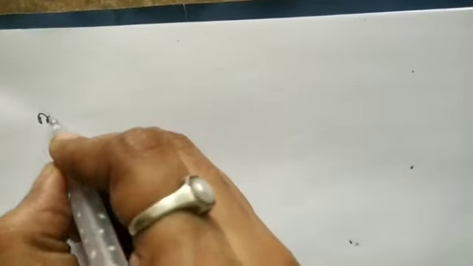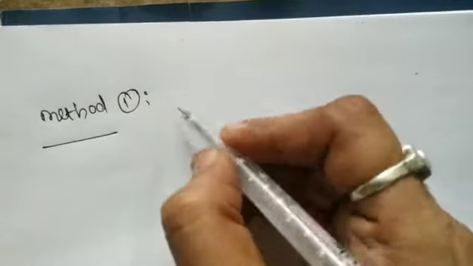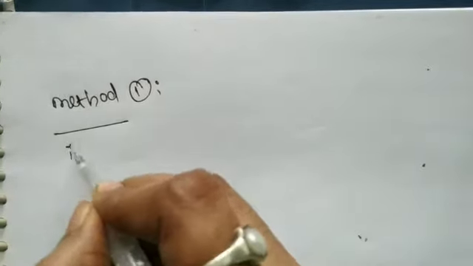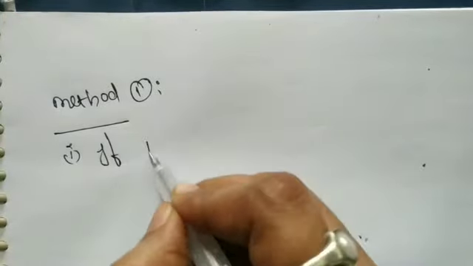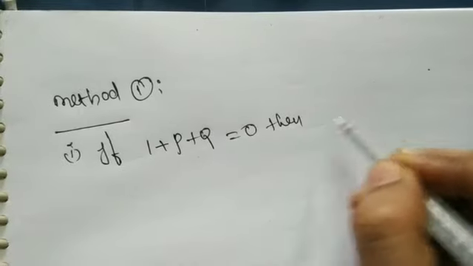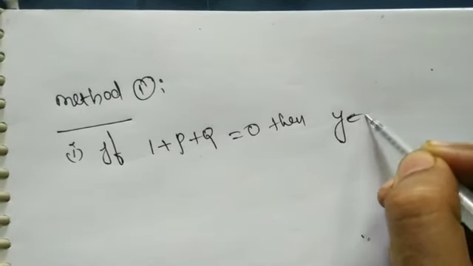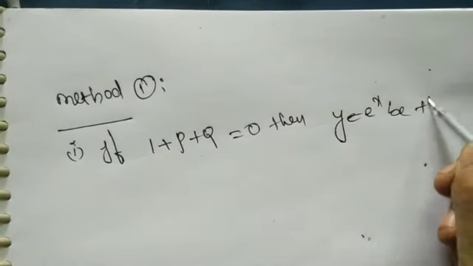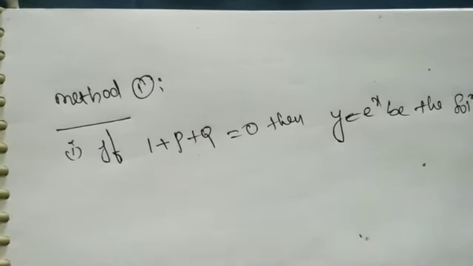Method 1: here we have 3 conditions. If 1 + P + Q = 0, then y = e^x is a solution of the given equation.